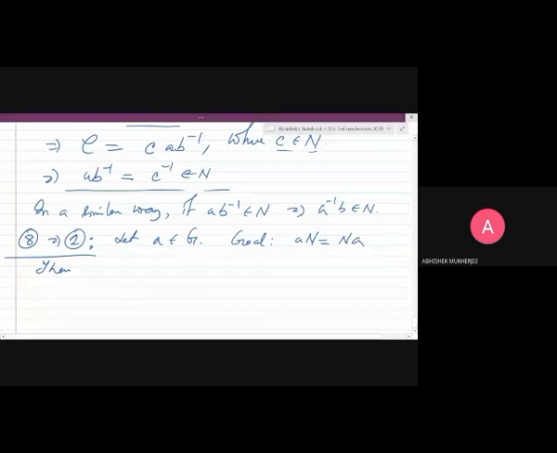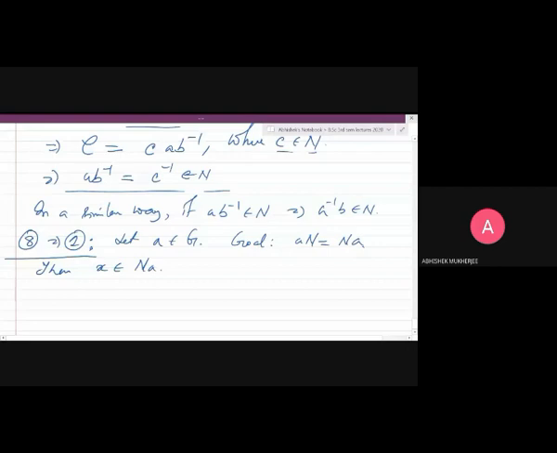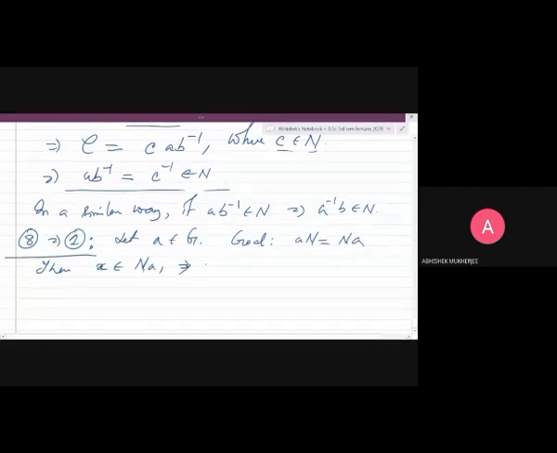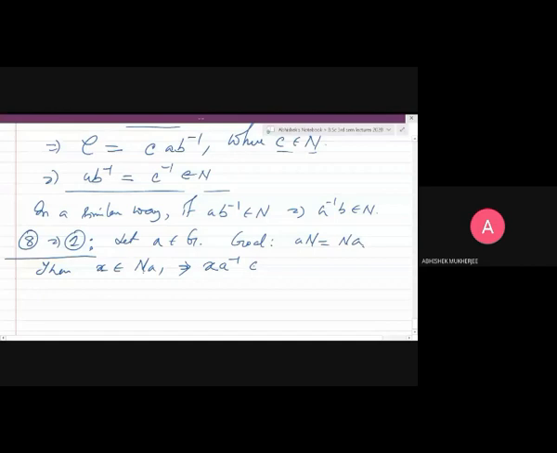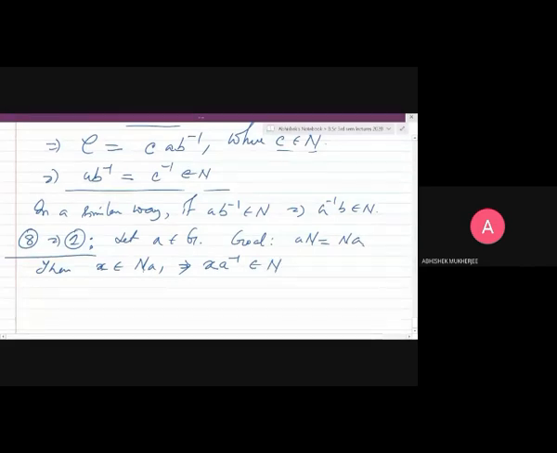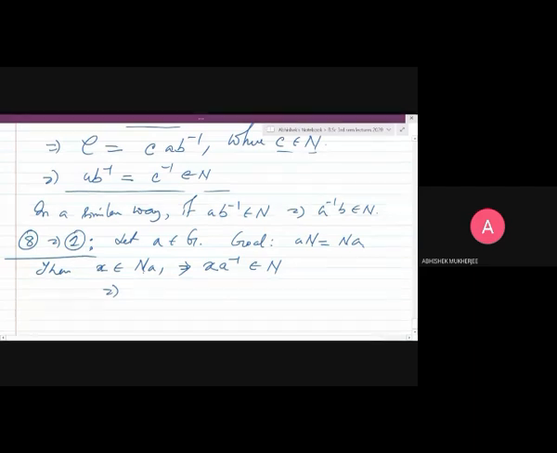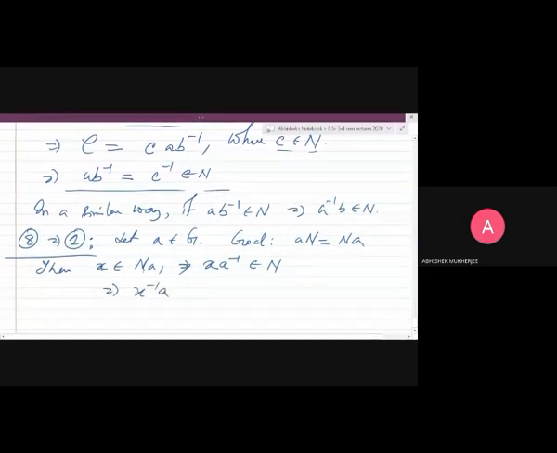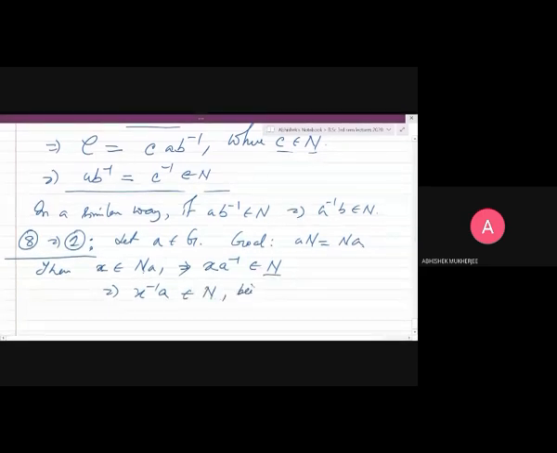Okay? So then x belongs to NA implies, since x is in NA, x A inverse must be in N with respect to the relation. That means x inverse A is in N, since N is a subgroup.